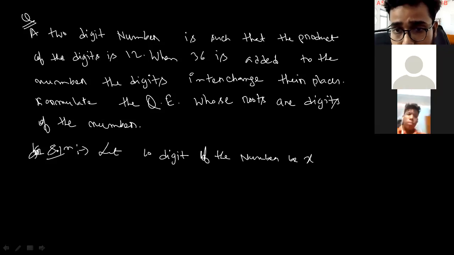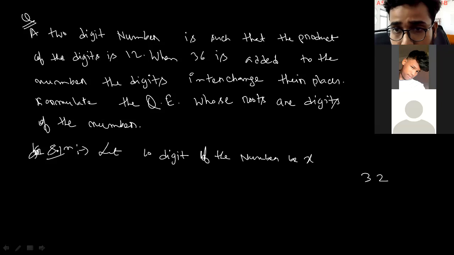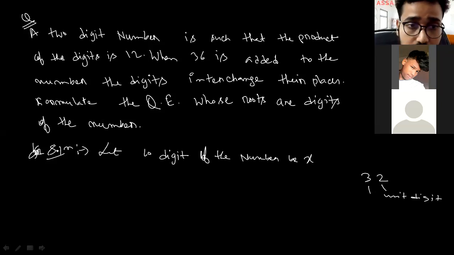Suppose the number is 32. What is the ten digit here? 2 is the unit digit, and 3, yes, 3 is the ten digit. So we let the ten digit of the number be x.